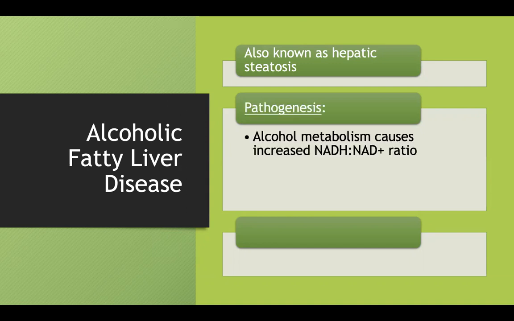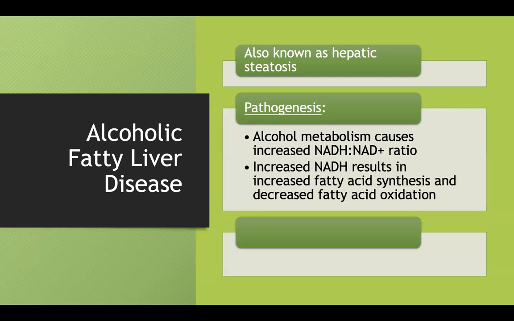And the pathogenesis here is that metabolizing all that alcohol is going to increase your NADH to NAD plus ratio. So you're going to get a higher ratio of NADH than anything. And when you have all this NADH, it's going to change your reaction mechanism to where you're going to get increased fatty acid synthesis and decreased fatty acid breakdown or oxidation.